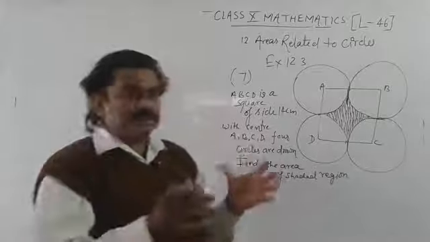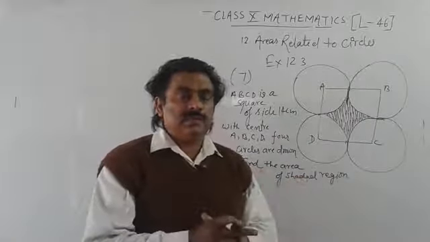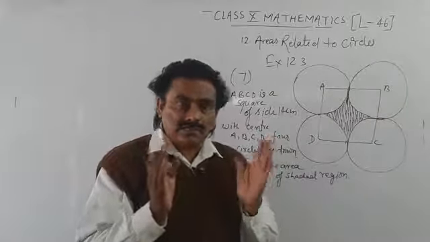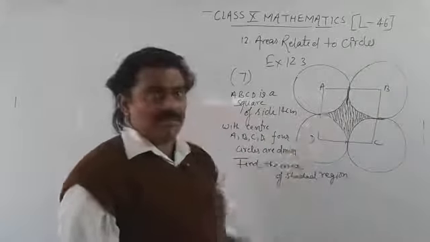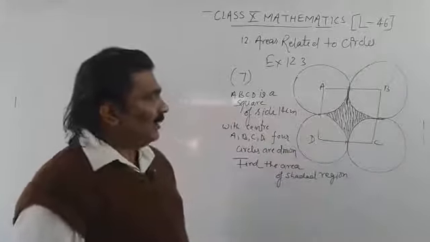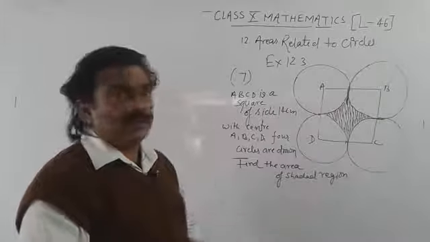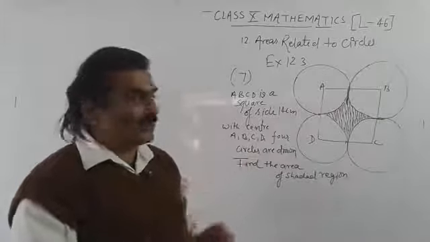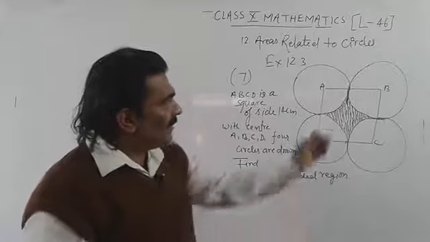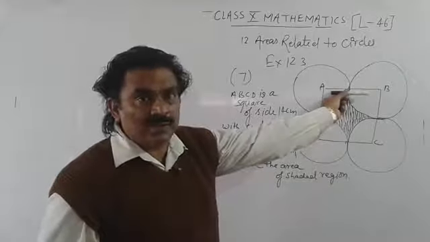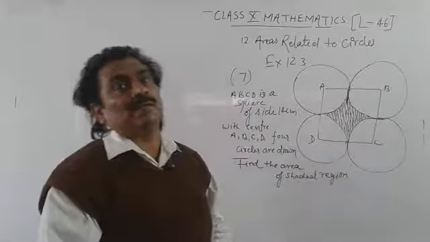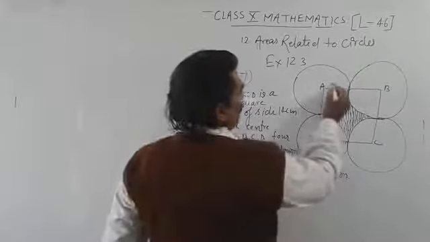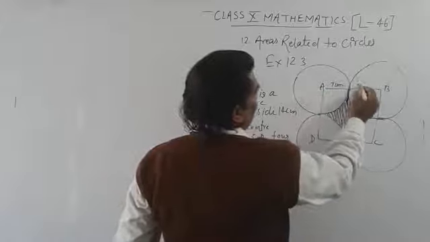These circles are put together so that their circumferences touch each other. If we see the diagram, side AB is 14 centimeter, so the radius of each circle is 7 centimeter.